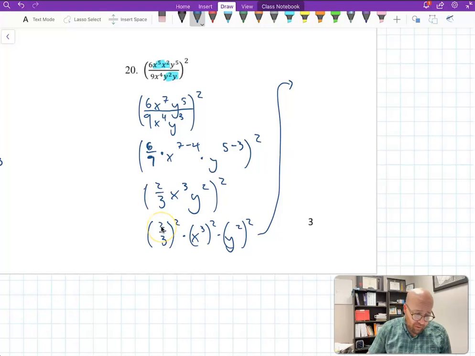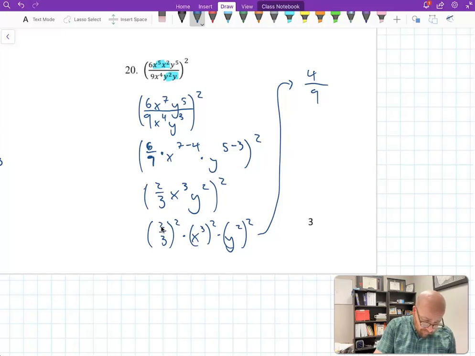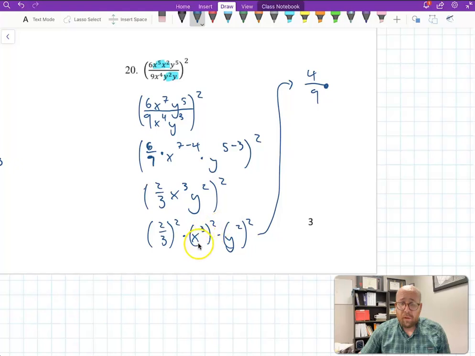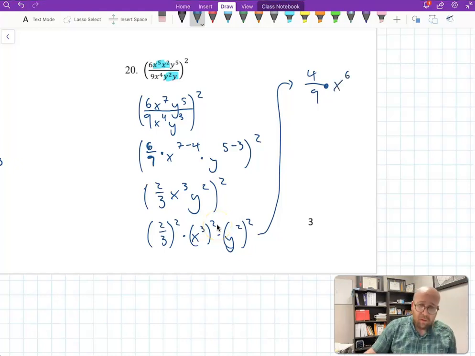So 2 squared is 4, 3 squared is 9, times x to the 3rd raised to the power 2. We multiply our exponents. 3 times 2 is 6. Y squared squared, we are going to multiply our exponents. 2 times 2 is 4.